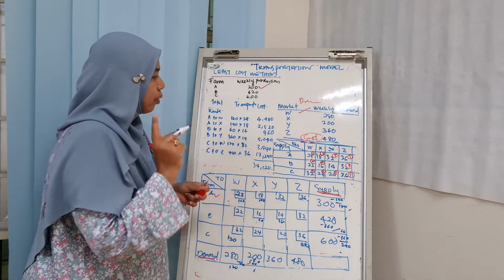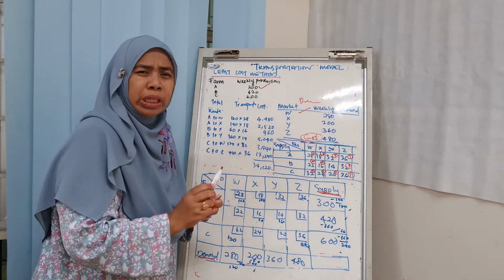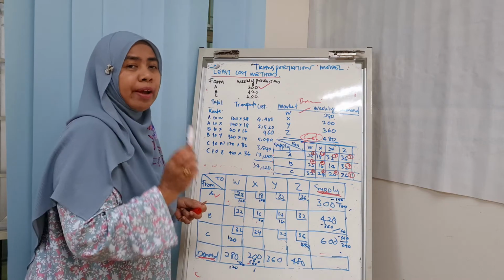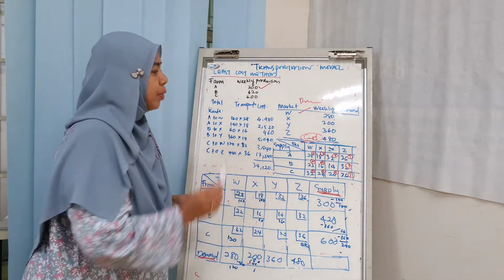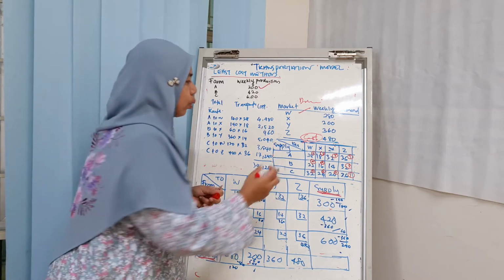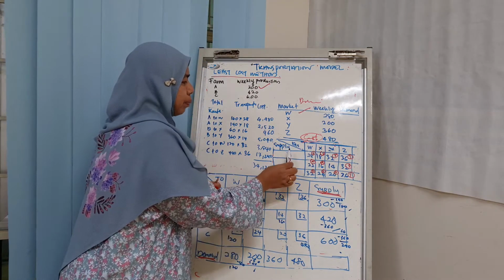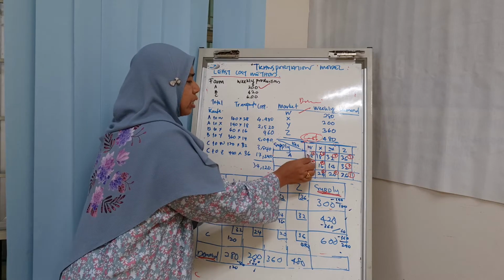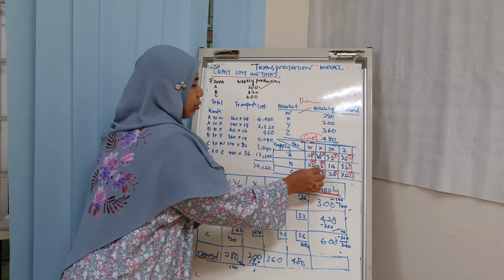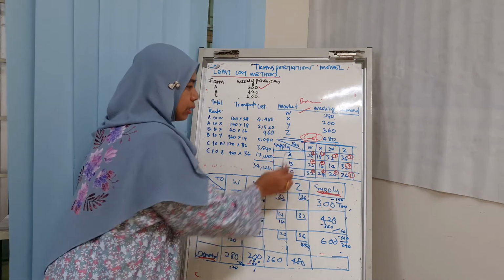So the first step, you look at all of them and identify which cost is the lowest. Look at this table: supply A to destination W or market is 28 ringgit, 80 ringgit, 32 ringgit, 36 ringgit. All these are the costs.